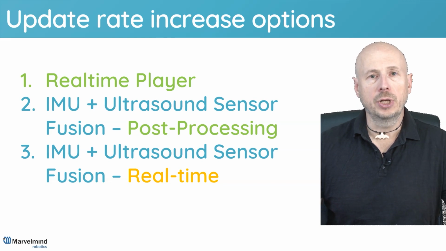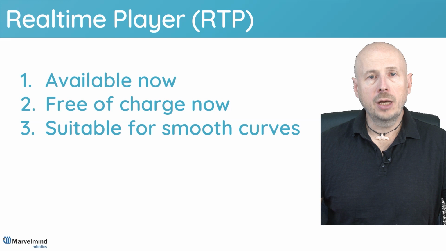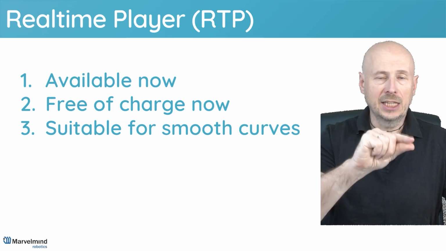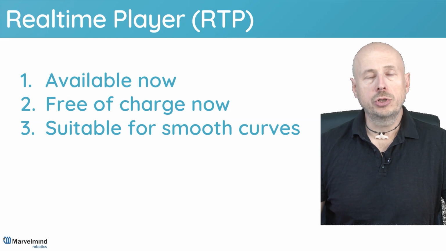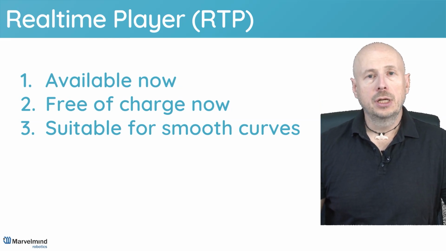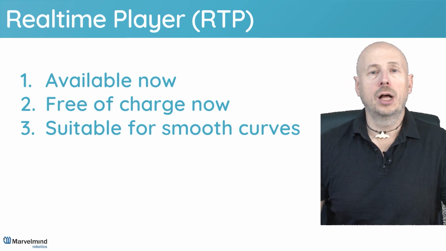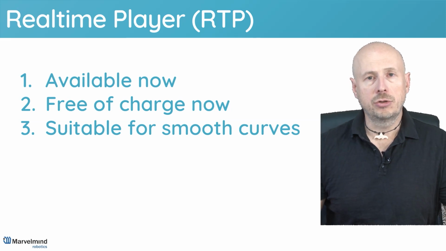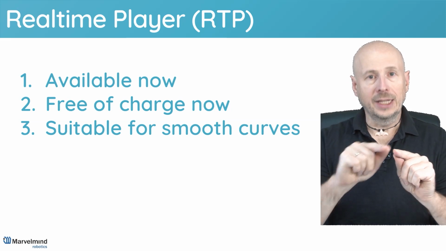So what is Realtime Player? Realtime Player is basically a functionality inside the dashboard. It gets the location points, and then it does relatively complex interpolation by using algorithms, by using filtering, by using everything. So it tries to guess.